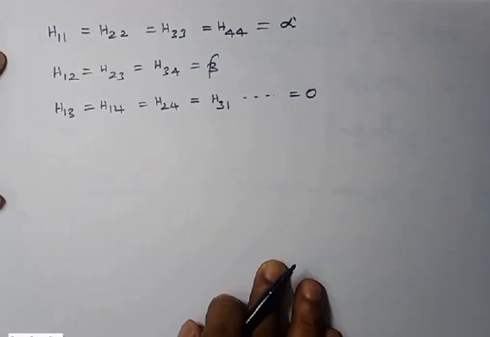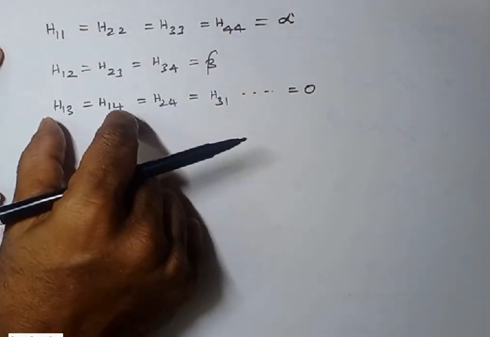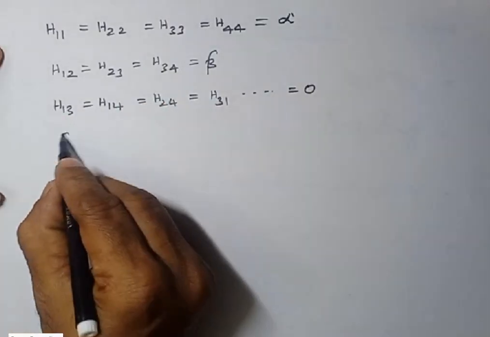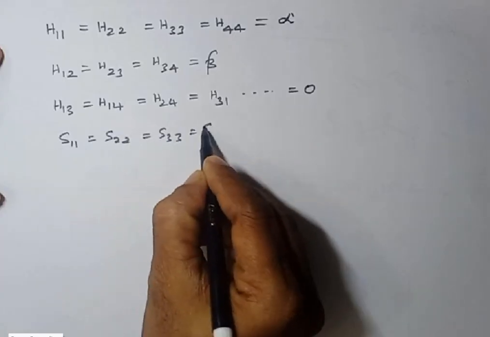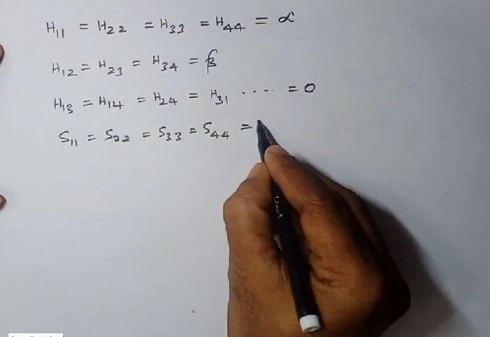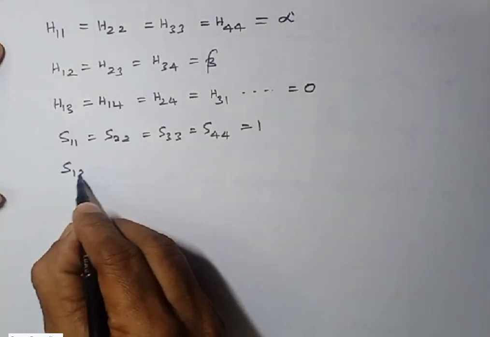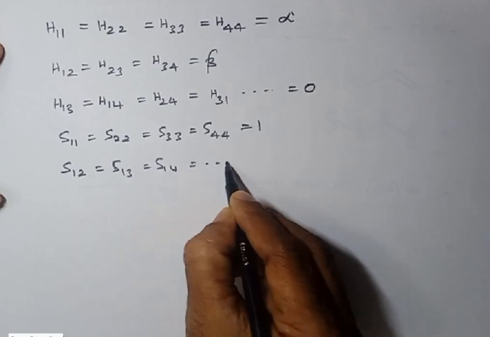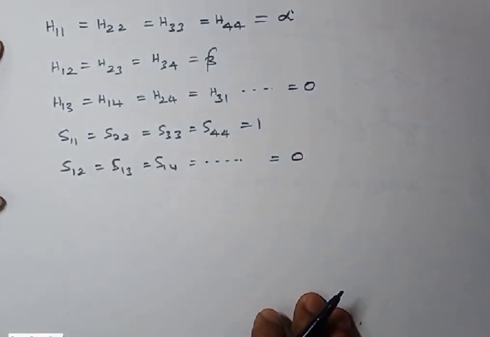They are not adjacent carbons, so their resonance integrals are equal to 0. Then S11, S22, S33, S44 are called normalization integrals, and their values are equal to 1. And the overlap integrals S12, S13, S14, etc., are all 0. I have discussed everything in the last class.